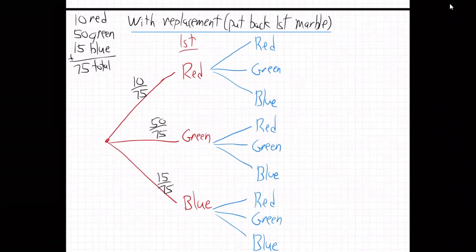So now, what about the second branchings? It's the same, because with replacement, you put back the first marble. So the second time you reach in the urn, it's exactly the same, because you put back the first marble. Nothing has changed.